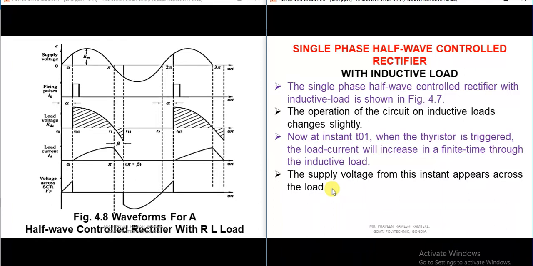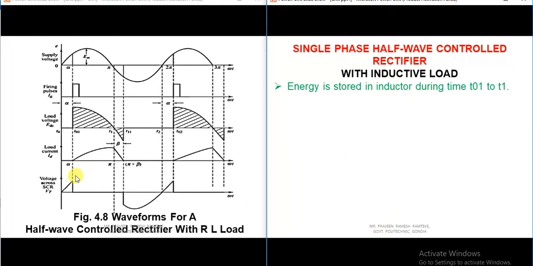The supply voltage from this instant appears across the load. Due to the inductive load, the increase in the current is gradual.